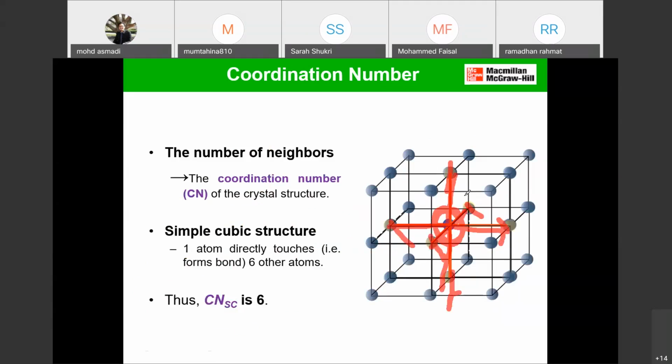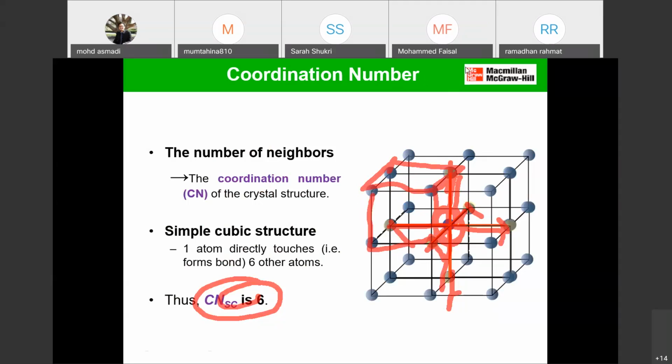Sorry, this one is simple cubic, not body centered. So for the simple cubic, the coordination number is equal to 6.